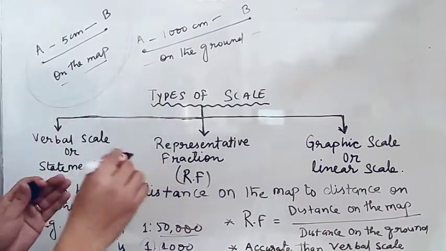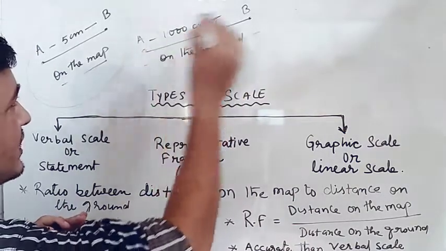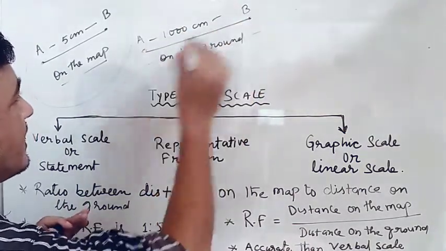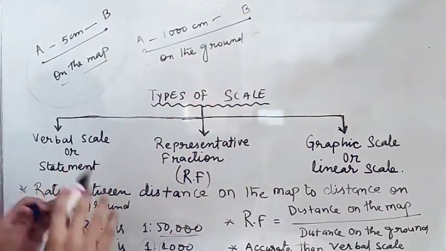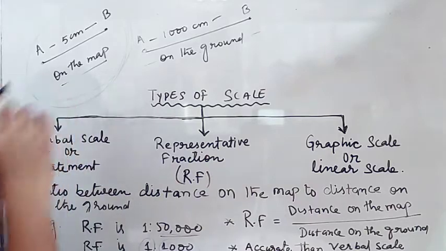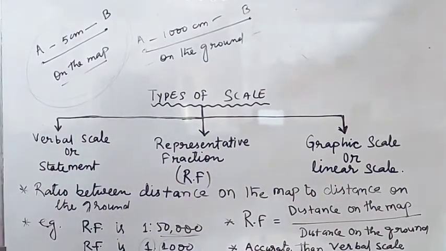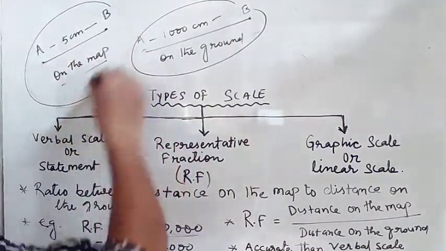But on the ground, in reality, the distance between station A and station B is 1000 centimeters. So what will be the RF, the representative fraction, of this map? Now we have to find out the RF of this map.